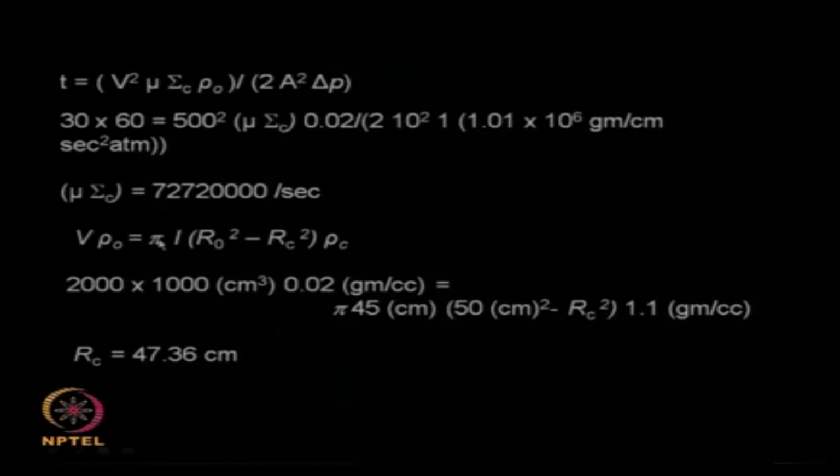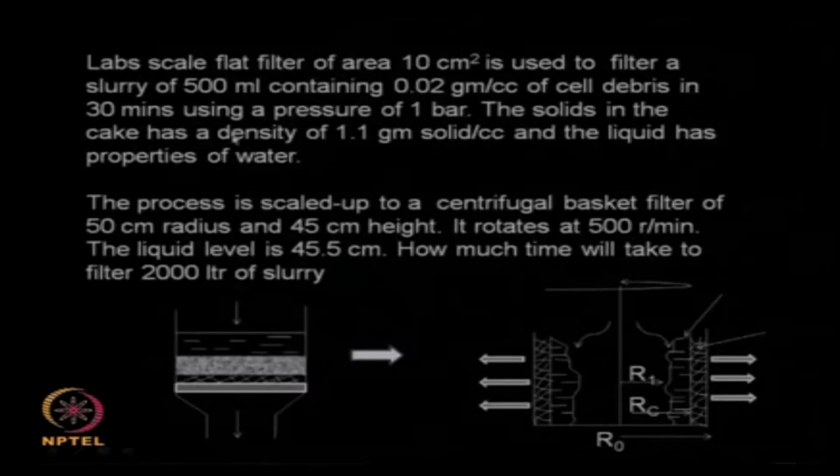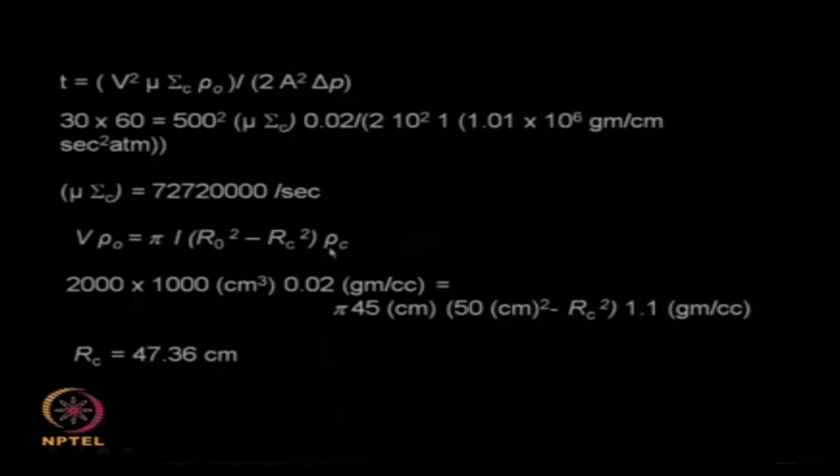This is pi L, L is the height of your centrifuge, R naught square minus RC square, that gives you the area of the cylindrical cake that forms in the centrifuge, understand. So pi into height into area of the cylindrical cake gives you the volume of the cake that forms in the centrifuge, and you are multiplying by the density rho c, which is also given. If you see, the solids in the cake have a density of 1.1 gram per cc, so that is what we are going to use here.